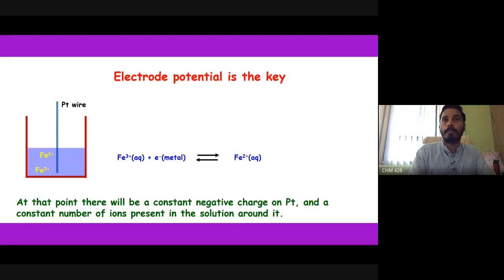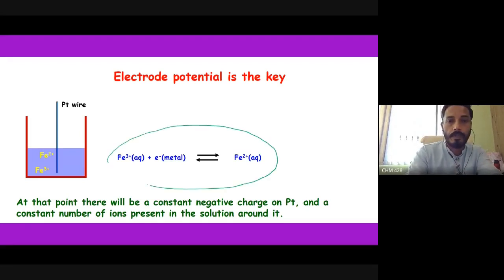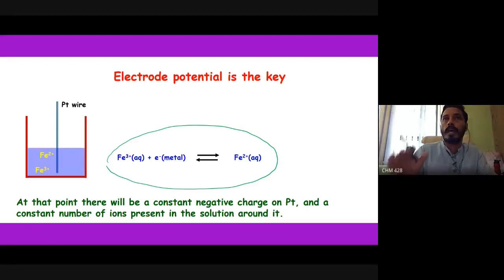For example, if you dip an electrode into a solution containing Fe2+ and Fe3+, this is the electrochemical equilibrium. By IUPAC convention, we always write the reduction reaction, Fe3+ + e- going to Fe2+. When you dip an electrode, there has to be a charge separation or a potential difference building up at the interface.